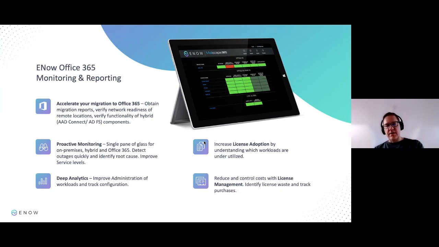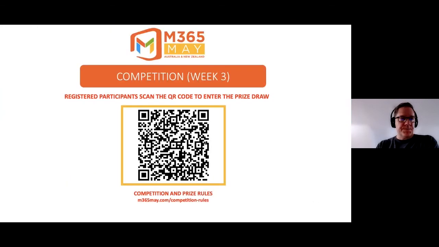It's able to monitor all the components: Exchange, your hybrid connectivity, Azure AD Connect and directory synchronization, Active Directory, and monitor all those things from different locations in your organization's network. So if there is an issue, you can triangulate very quickly and visually where that issue is within your network.